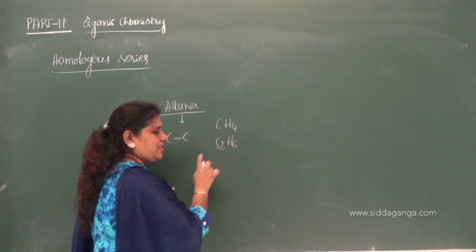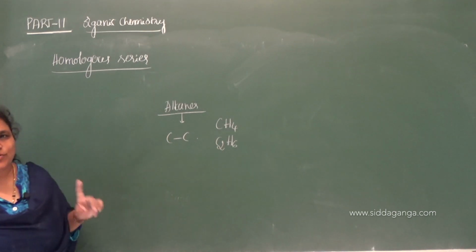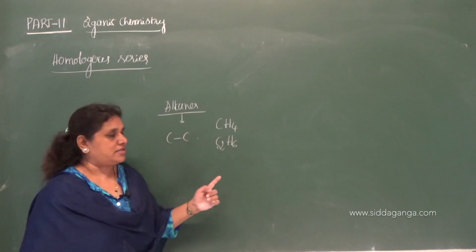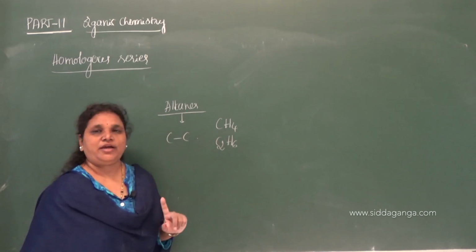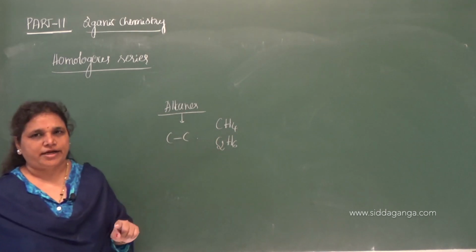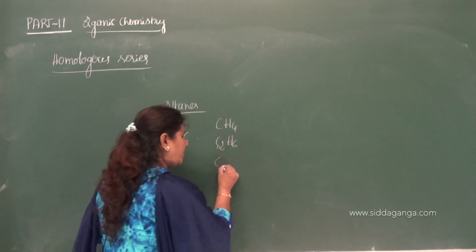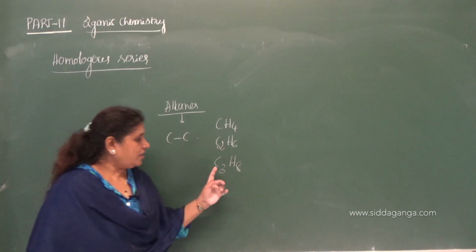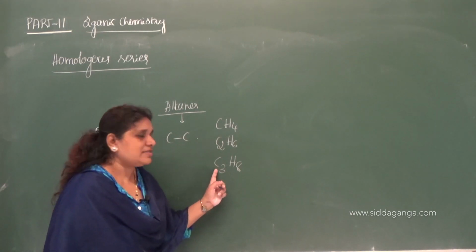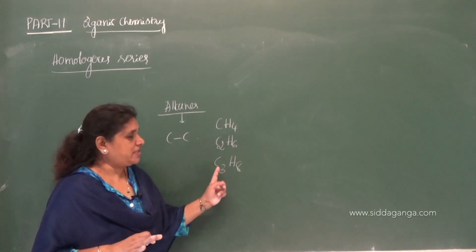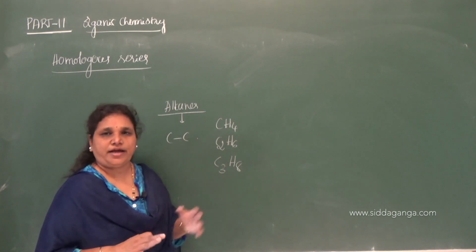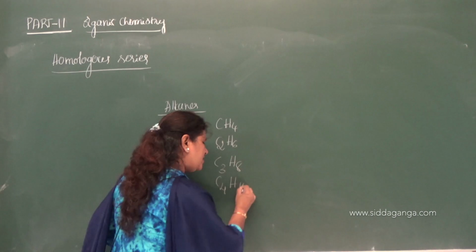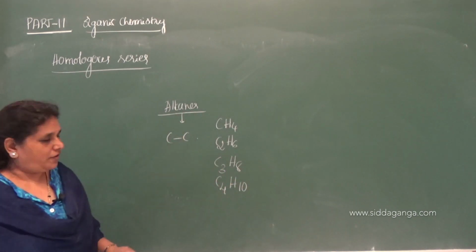To satisfy the tetravalency of the two carbon atoms, we require 6 hydrogen atoms. The next member is C3H8. To satisfy the tetravalency of 3 carbon atoms, we need 8 hydrogen atoms. Moving on to the next member, C4H10.